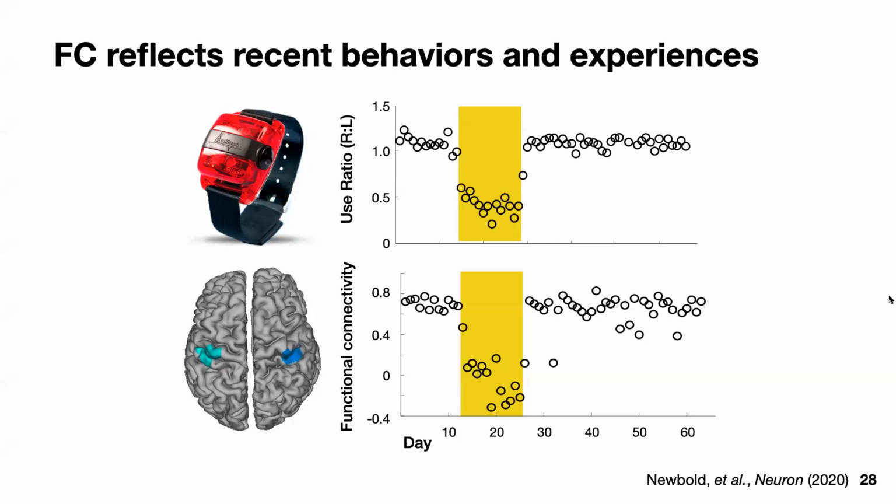And so this is really important for interpreting studies that, say, scan patient populations, because it's possible that these differences in functional connectivity we see in patients might reflect disease-specific differences in behavior prior to scanning. So that could be an important clue to what those findings mean.